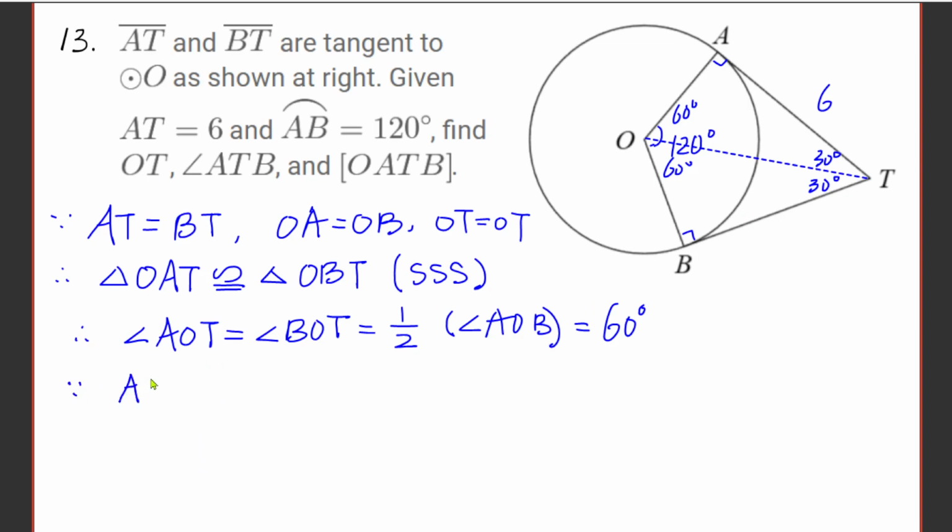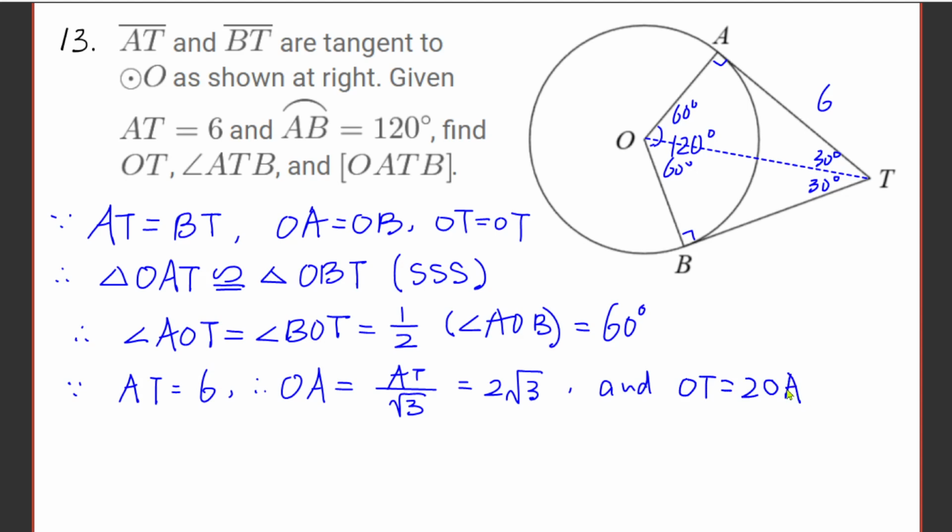And since AT equals 6, we have OA equals AT over square root 3, which gives us 2 square root 3, right? And we also know OT equals 2OA, which is 4 square root 3, right?